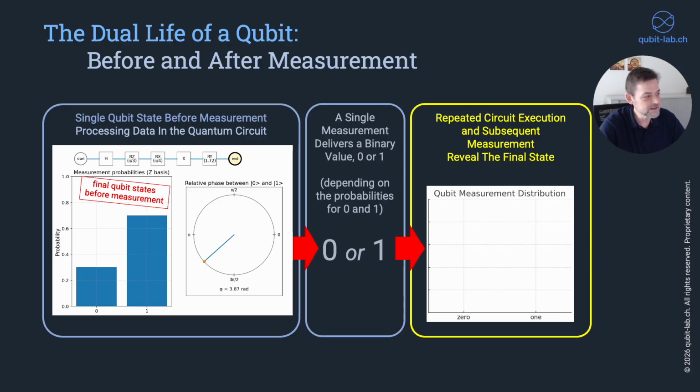But if we measure this now, let's say 1,000 times, we do 1,000 shots on this circuit, as it is called, then you see in the result, you get more or less 30% state 0 measurements and 70% state 1 measurements. So you found a way to get the information out of the qubit here.